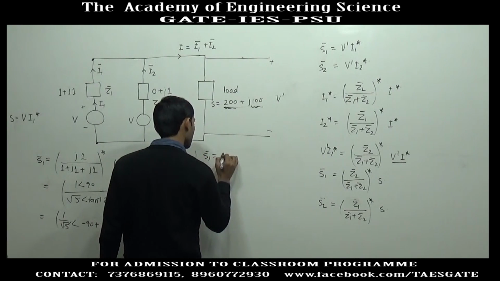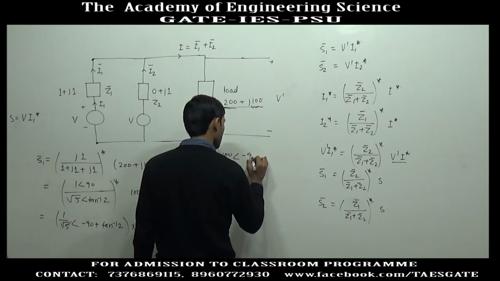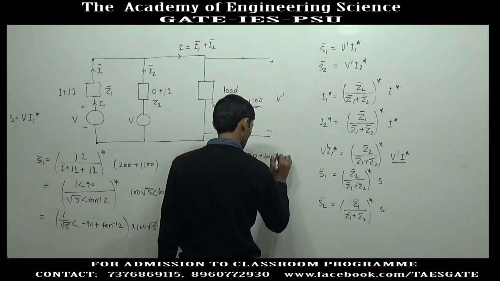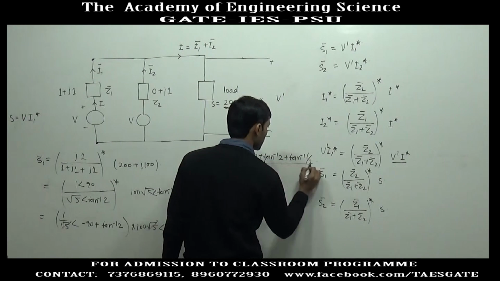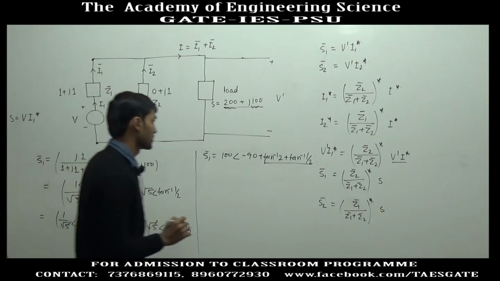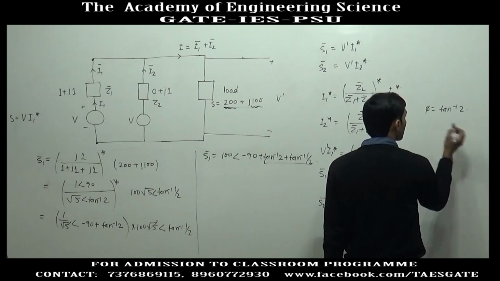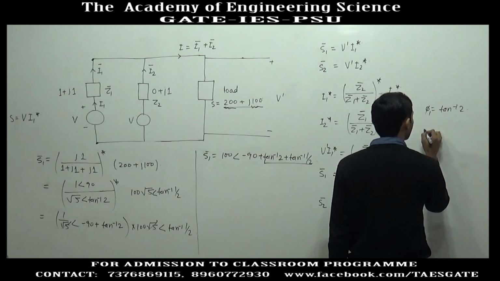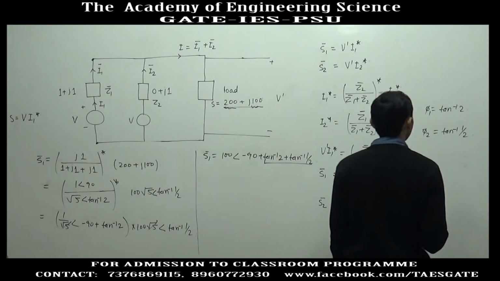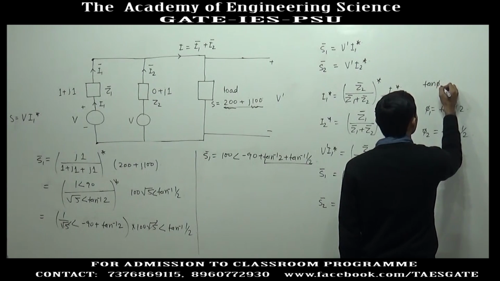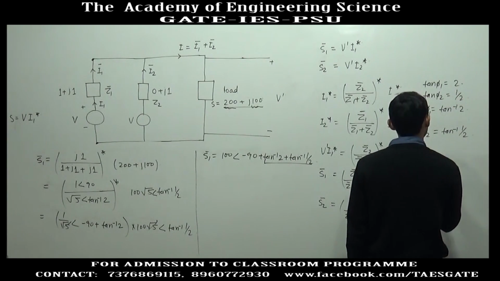So, S1 vector will be 100 angle minus 90 plus tan inverse 2 plus tan inverse 1 by 2. Tan inverse 2 plus tan inverse 1 by 2 will be 90 degrees. Let phi 1 equal tan inverse 2, and phi 2 equal tan inverse 1 by 2, then tan phi 1 equals 2, and tan phi 2 equals 1 by 2.